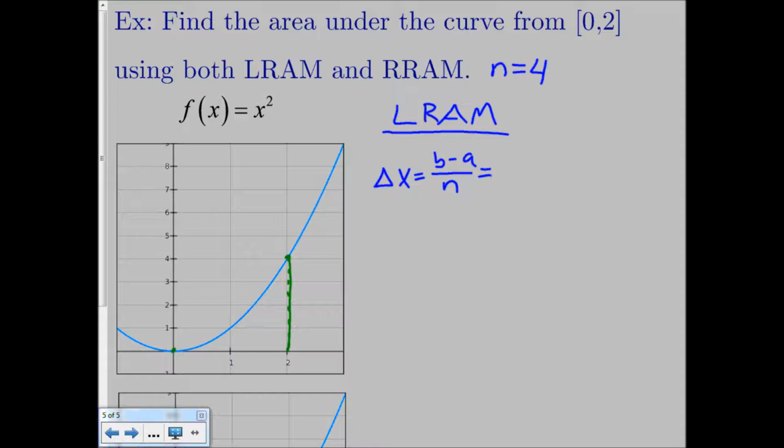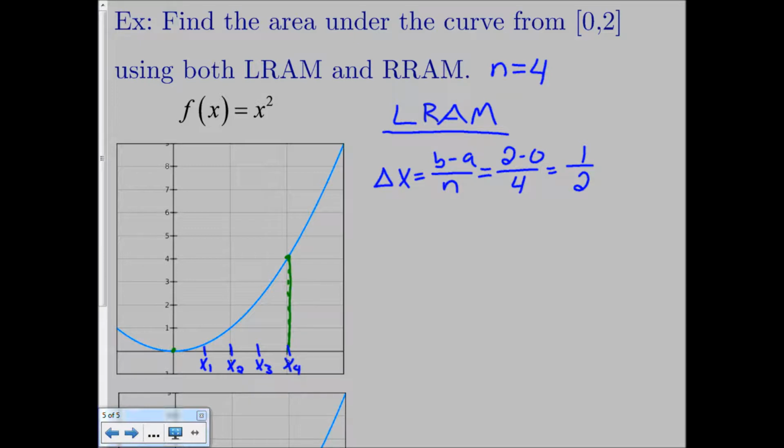So b minus a for us is 2 minus 0 over 4, which is just going to equal 1/2. So every 1/2 we go between 0 and 2, we're going to put a dash. So we're going to put a dash at 1/2, 1, 1.5, and 2. Those are our intervals, or our xi's. So this is going to be x1, x2, x3, and x4.